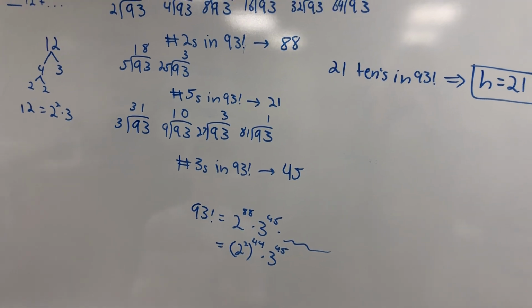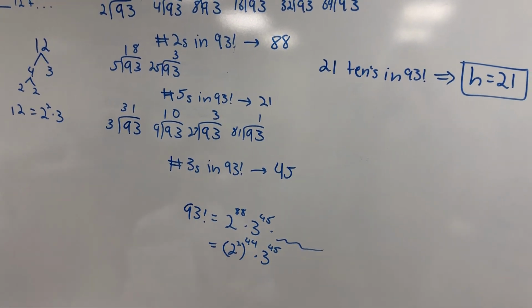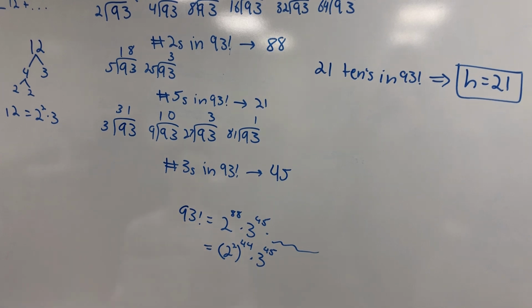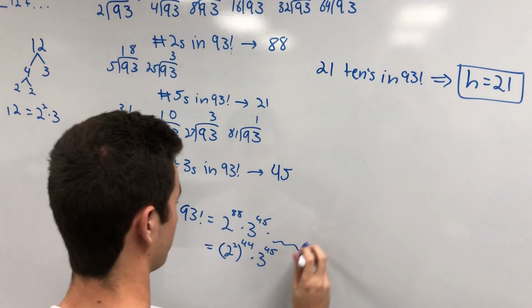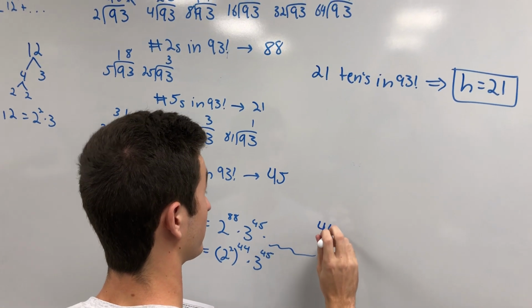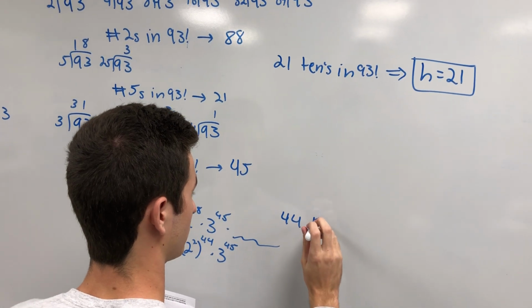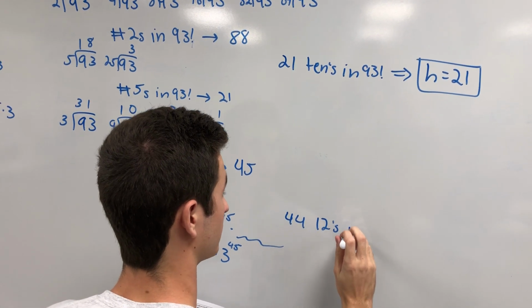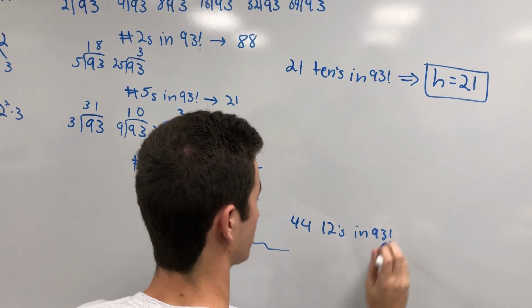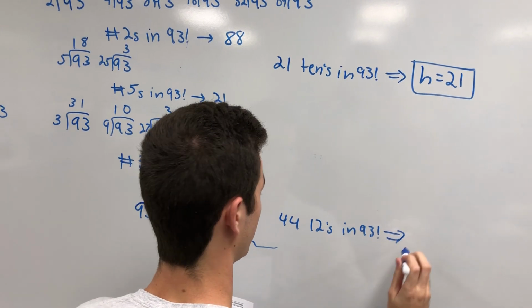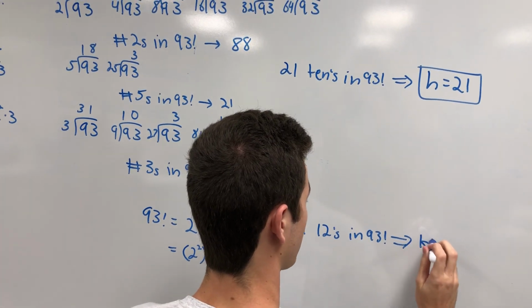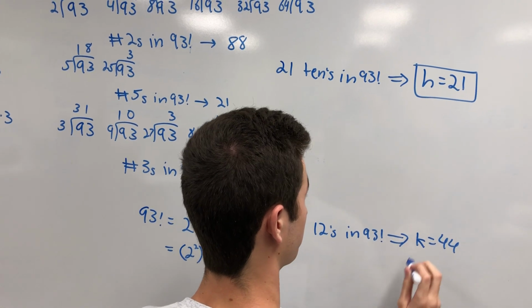So that means that there are 44 12s that go into this number. So there's 44 12s in 93 factorial, which implies k equals 44.